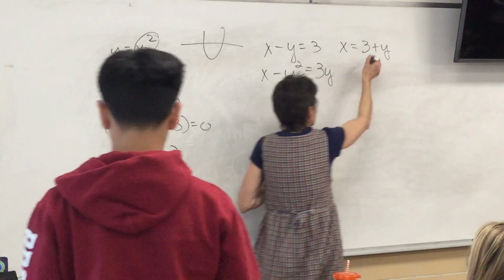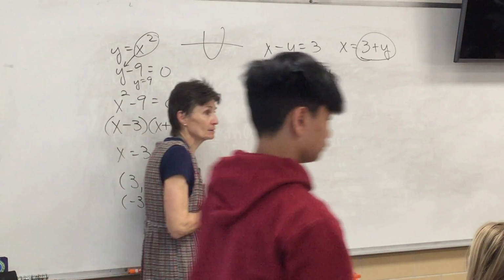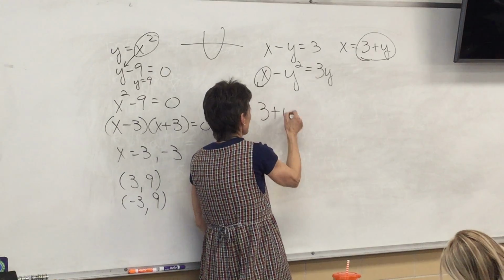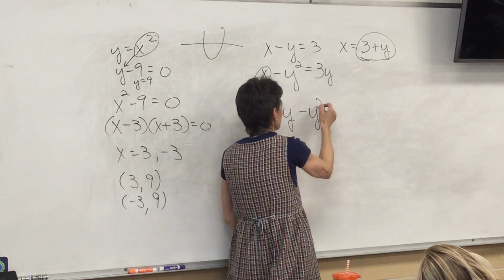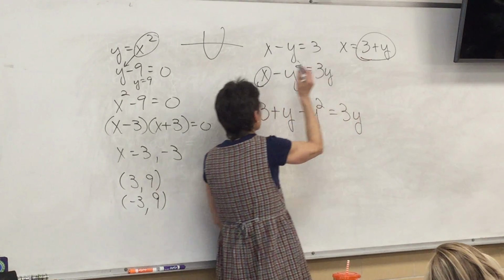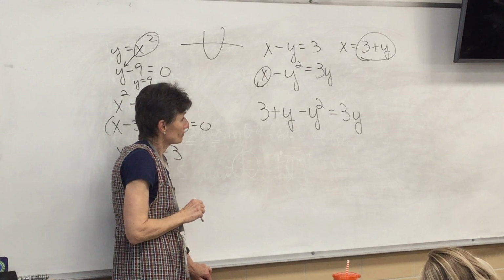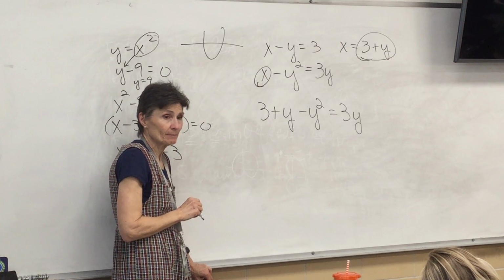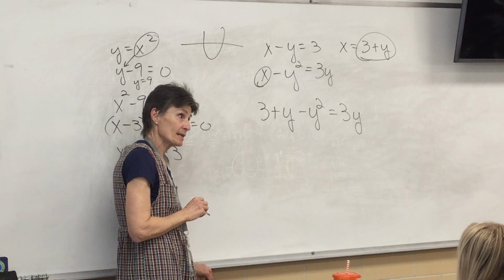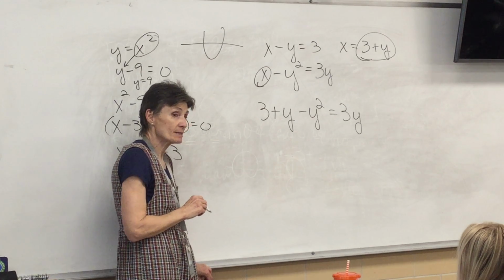Now, this is x. So we'll plug that in here. And then our equation says 3 plus y minus y squared equals 3y, if I plug that in for x. What do I do with that? It's set equal to 0, because isn't it a quadratic?